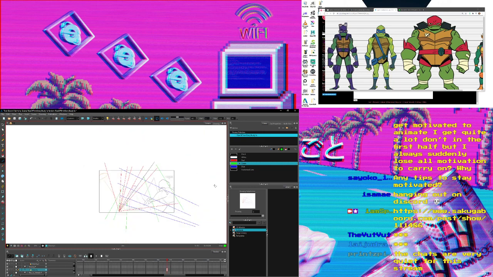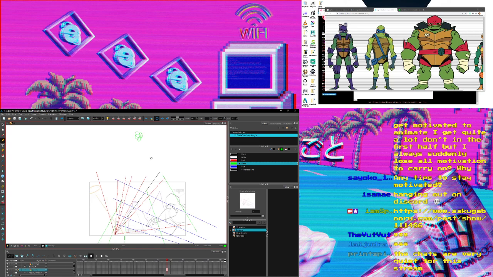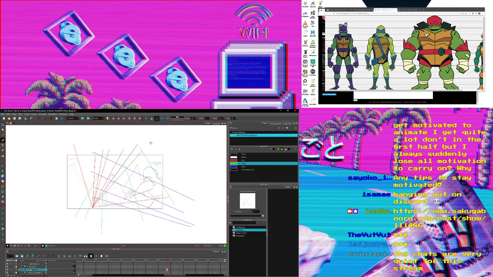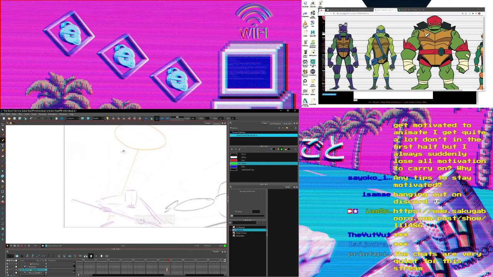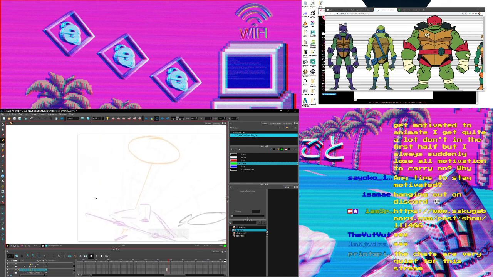So the vanishing point for these would be somewhere way up over here. I don't know. It's not completely perfect, but it's close enough to get the problem solving that needs to be done in this shot done in a plausible way.